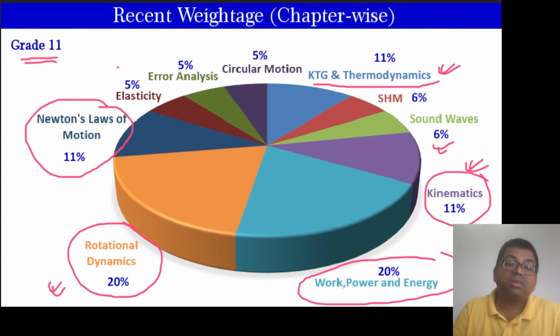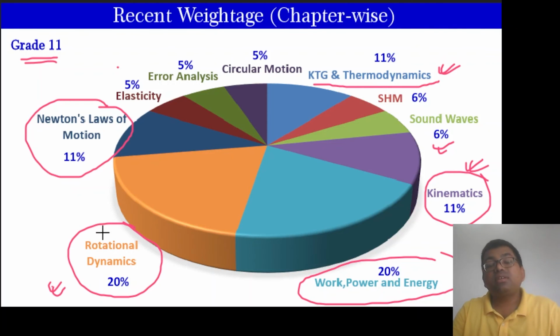This is a very important topic and the most difficult, because there are various results in it, and most students tend to forget those results. So remember those results. Pure rolling is also a very important topic and there are formulas based on that.